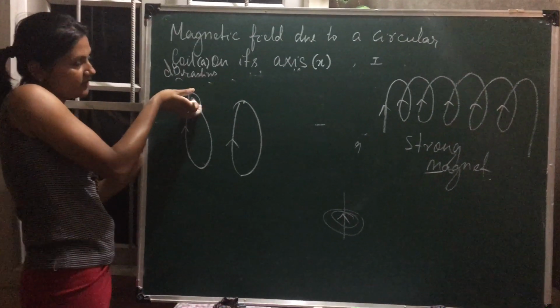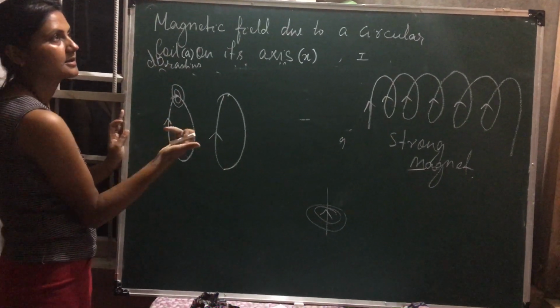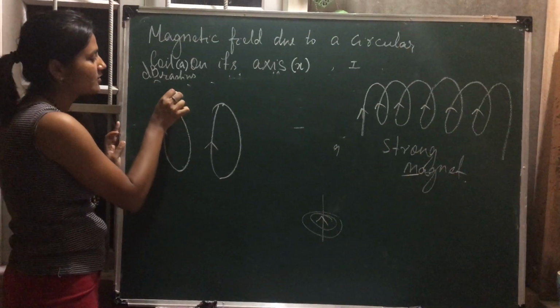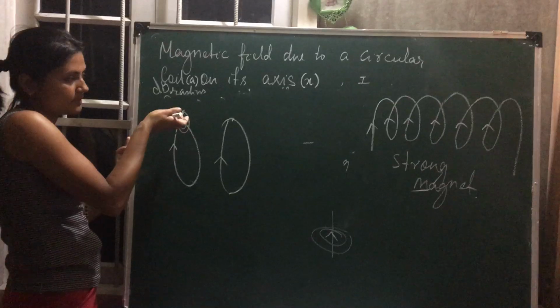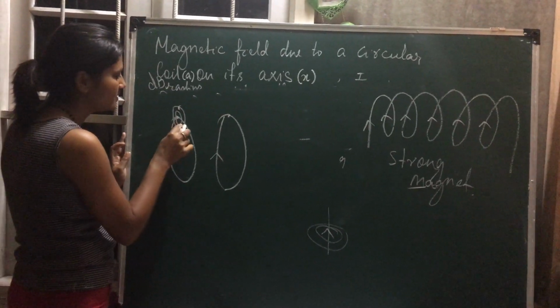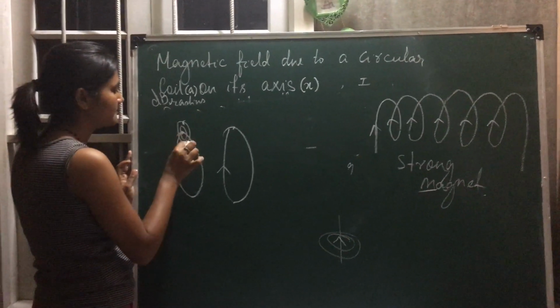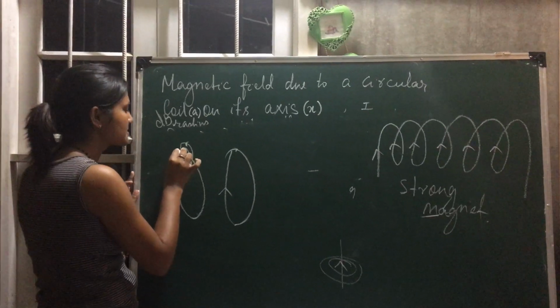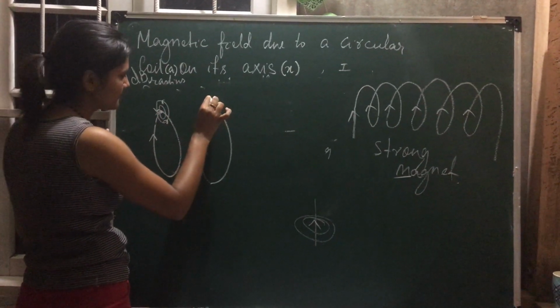Now what is the direction of it? The direction is anti-clock, right? How can I represent it? It's anti-clock, so this way I can represent it. Now similarly for this also, what is the magnetic field?